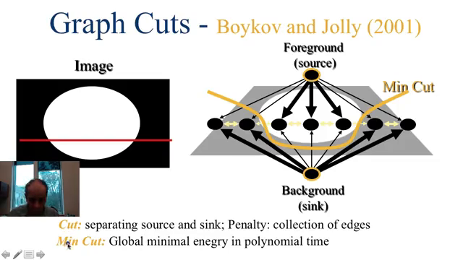Now, there are good techniques to do that, and that can achieve this in polynomial time. So there are very efficient ways to solve this min cut problem. And by that, we get the separation between the foreground and the background. This technique can actually be extended to multiple objects in the image, not just foreground and background, and other types of input data.